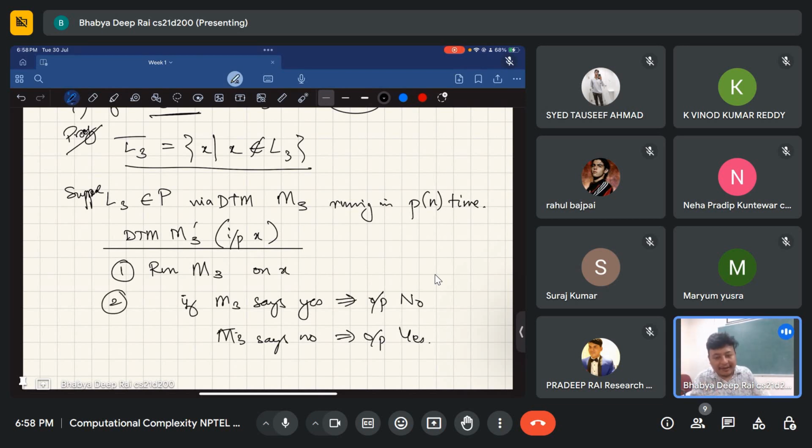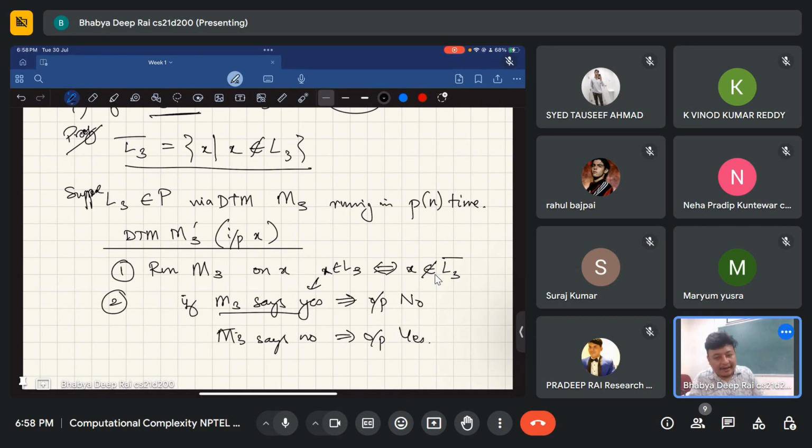And why does this work? If M3 says yes, what does it mean? X belongs to L3, so we output no. Why? Because X belonging to L3 is as good as saying X does not belong to L3 bar, the complement of the set.